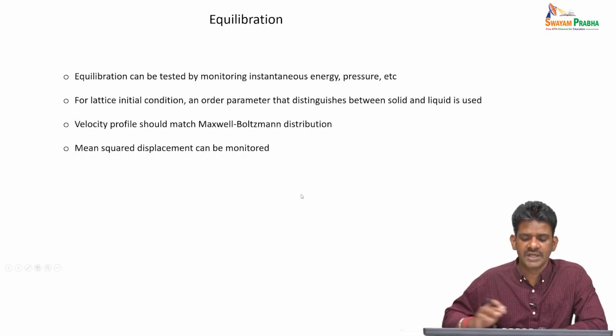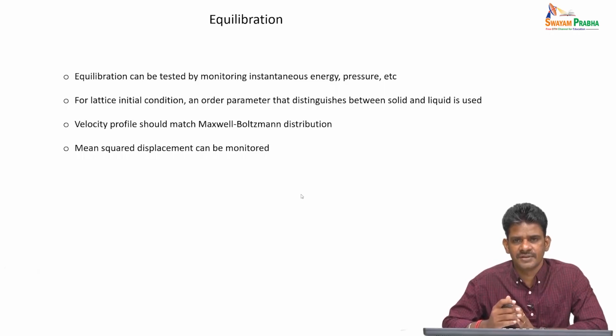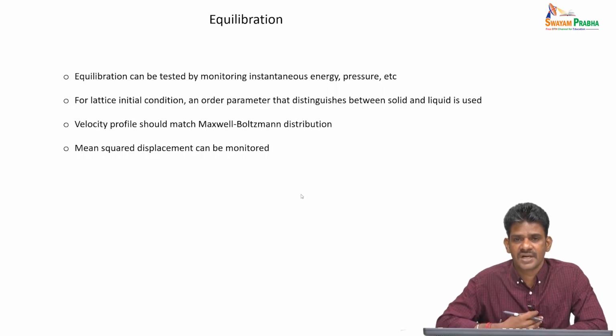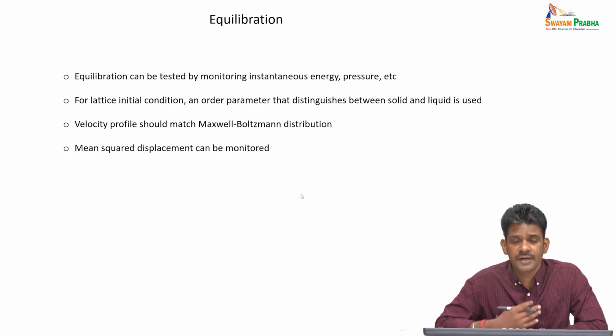As far as equilibration is concerned, this is a phase where the system has lost its memory of its initial state, and one can start averaging properties at the end of the equilibration. So, it is very important to check whether the system has reached equilibrium or not, and the way to do that is by looking at instantaneous variables, such as energy or pressure, and seeing whether they have reached a steady value with certain fluctuations and without any drift.